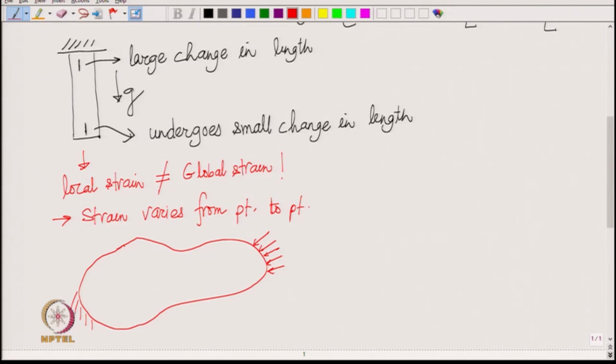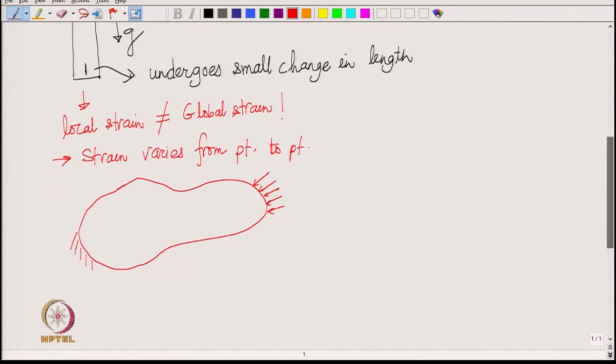So, what will be strain for this body? So, you might ask, okay, let us do change in length by length. So, which length do we take here, right? So, there are so many lengths here.